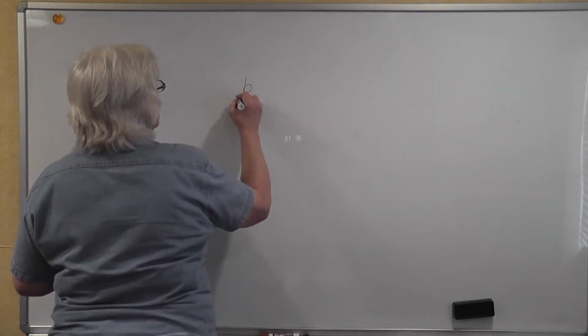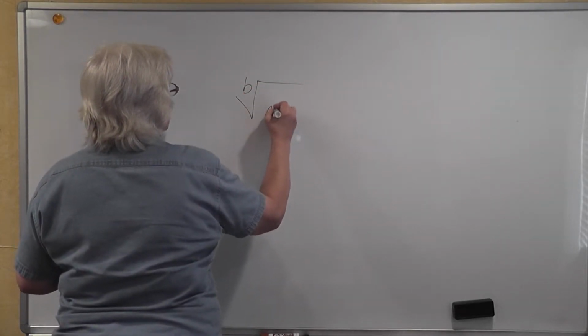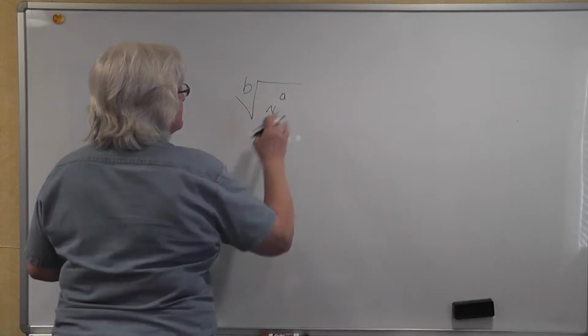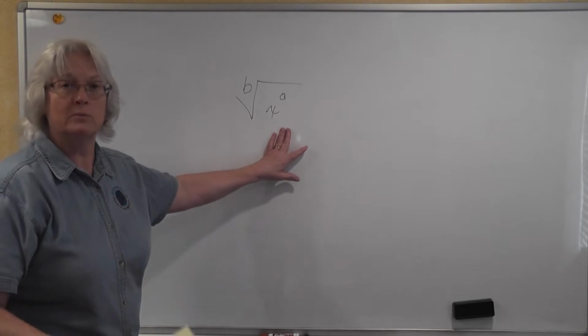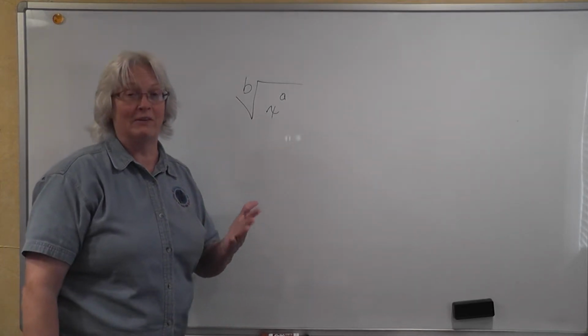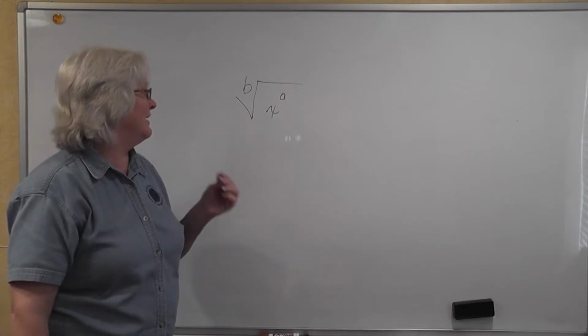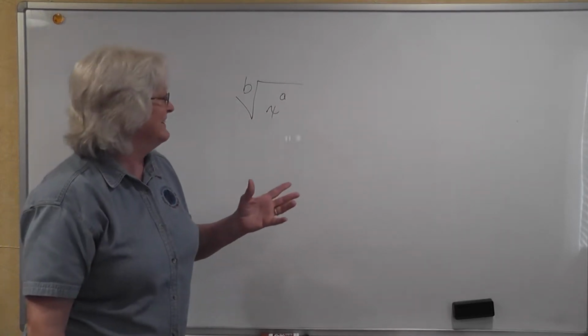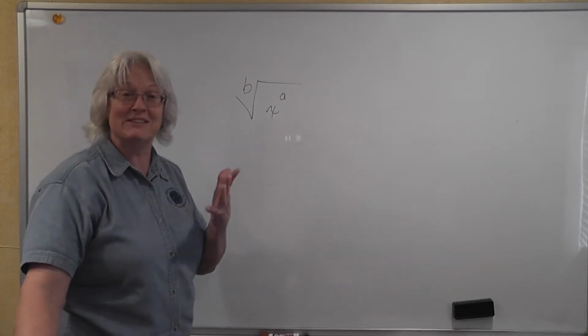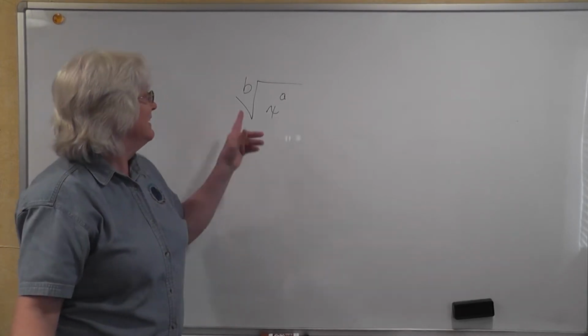If we have b and the radical symbol x to the a, this is using radical symbol notation, and this is read really weird. Every time I try to record it, I end up laughing. I'm sorry, I just think it sounds silly.